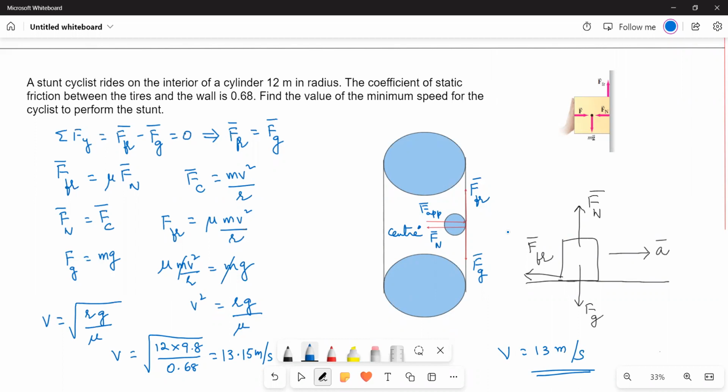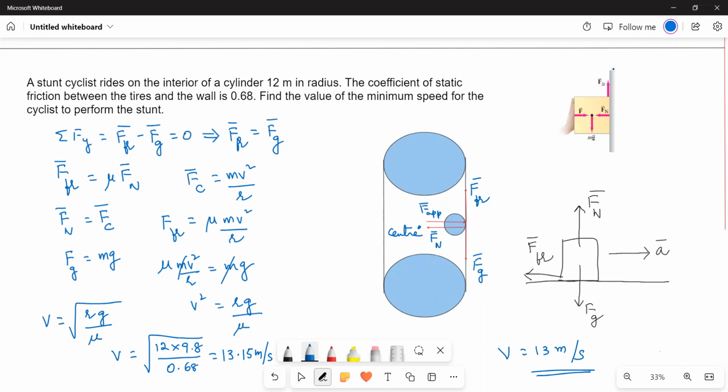Here, the simple thing is you have to identify the forces. Identification of the forces is all the more important, and afterwards writing the free body diagram. If you do that, then the problem is very easy. You never expected that the normal force acts in the horizontal direction and friction in the vertical direction. That is the complicated part in this problem.